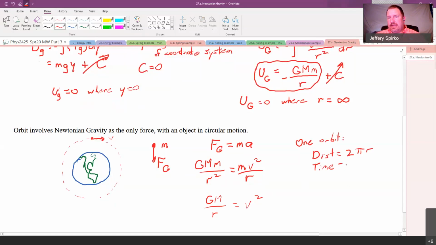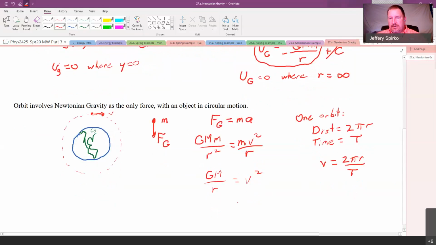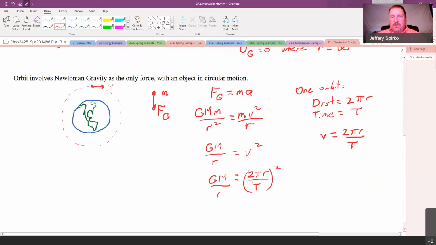The time is a special amount of time we call the period, capital T. So then v, the speed, is 2 pi r over capital T. So we can plug that in here. We get GM over r is 2 pi r over capital T, quantity squared. And then let's cross multiply and get rid of all the fractions, and we get GM capital T squared equals 4 pi squared r cubed.